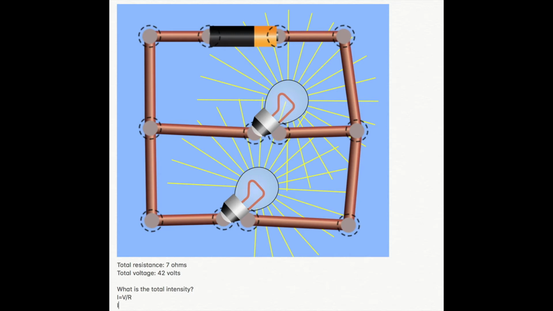So we get the total intensity equals 42, the total voltage, divided by 7, the total resistance. That gives us a value of 6. That means that the total intensity of this circuit is 6 amps.